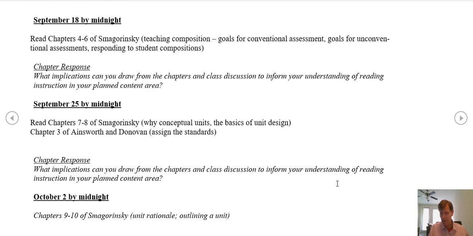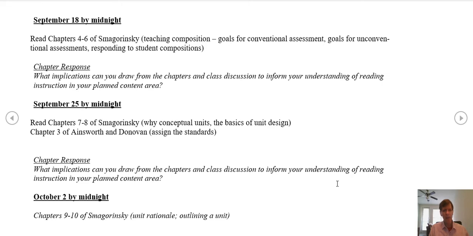Smagorinsky is one of the major names in the field of research, especially Vygotsky and social constructivist forms of research. Again, he's one of my personal mentors, actually. So they both serve their own purpose and they both balance each other out. Sometimes I feel like Smagorinsky is almost a little bit too theoretical for undergraduate students, even though this textbook is aimed at undergrads.